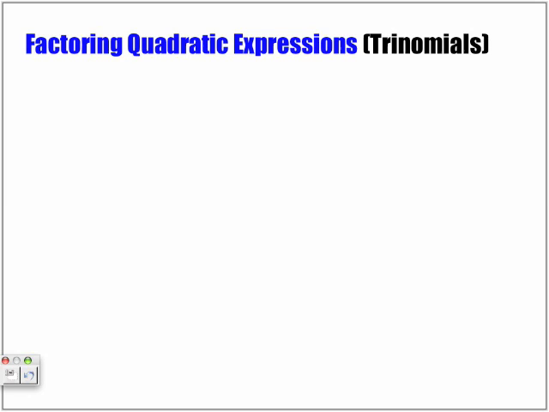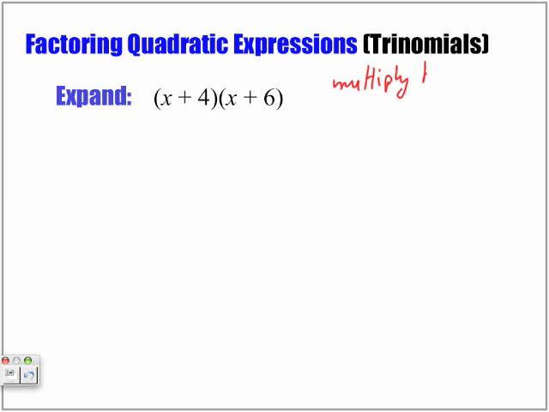Factoring quadratic expressions. Okay, so what we're going to be looking at is factoring trinomials. Trinomials, 3 terms. And we're going to look at how we get those 3 terms. Well, we've expanded by multiplying binomials. And what we were doing to multiply binomials was a process called FOIL.